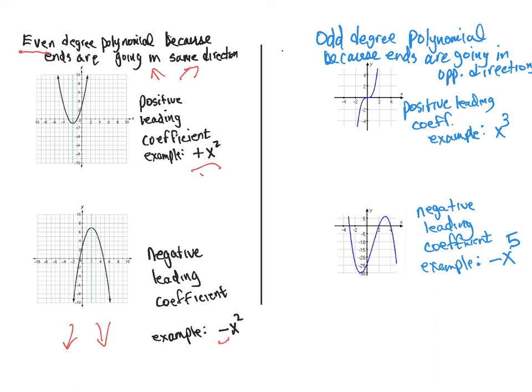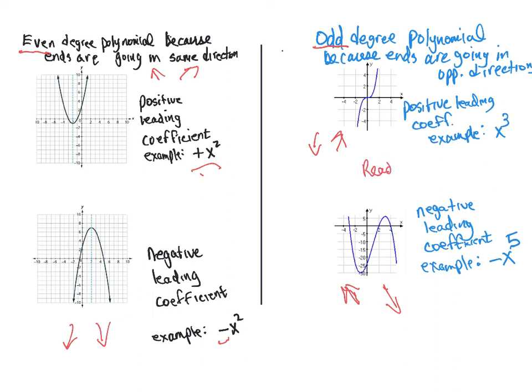Then, if you have an odd degree, that means the direction of the ends of your graph are going in opposite directions. Notice this one is going this way, and then the top is going that way. This one is going this way, and then the bottom is going this way. So up, down, down, up. So opposite directions. That means it's odd degree. Now, read the graph left to right.